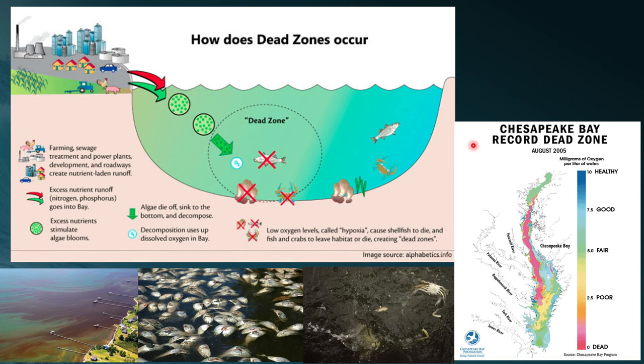Red means a really bad area, with very little oxygen and lots of animals dying, and 10 means healthy, with yellow and green in between. You can see most of the Chesapeake Bay was subject to hypoxia, and especially this red part was really severe. So this is one of the big challenges for the Chesapeake Bay: because we have excess nutrients, we end up with these fish kills.